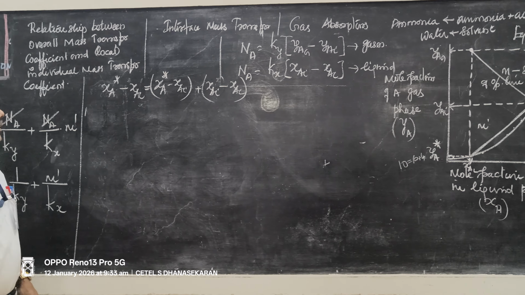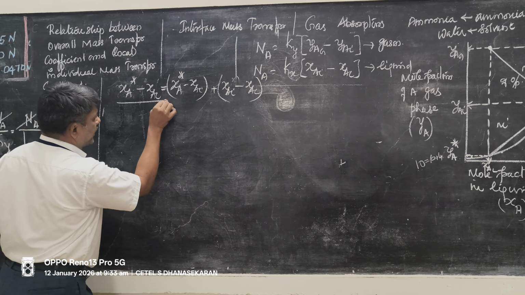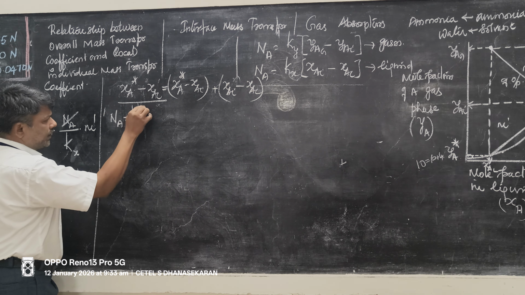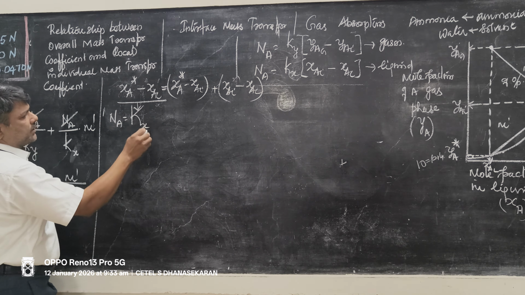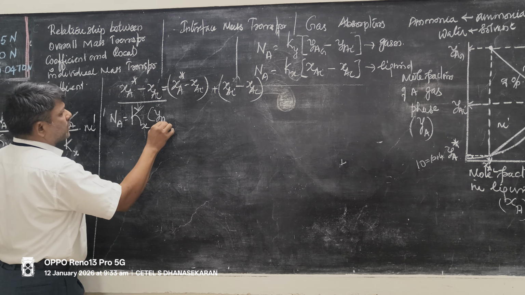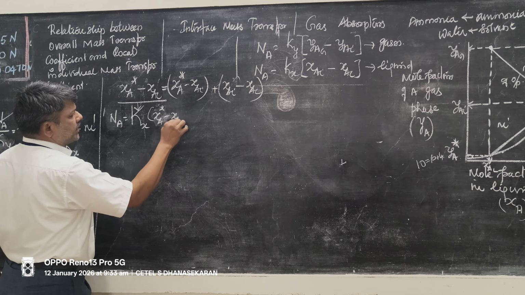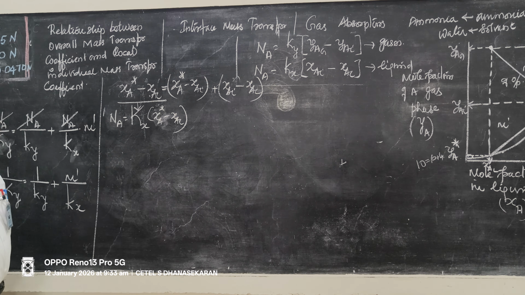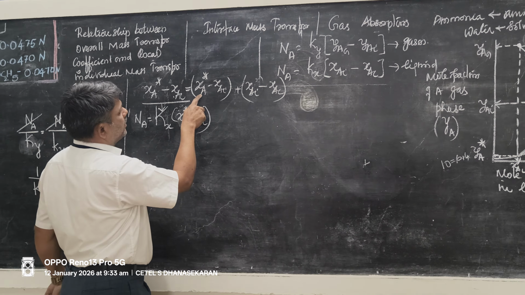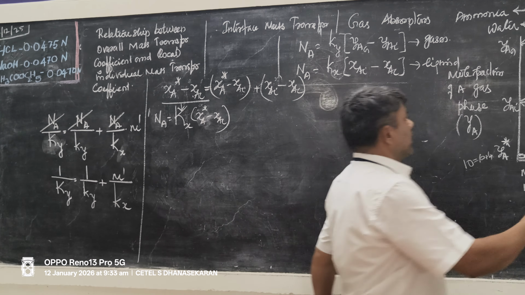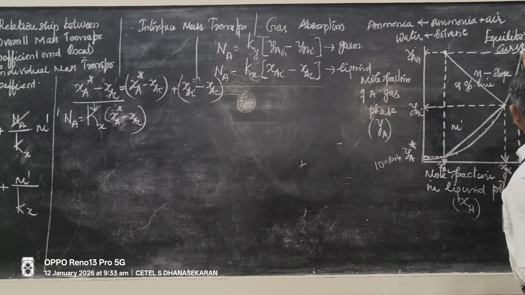Clear? Right. For xA star to xAL, I can write the flux NA is equal to capital K suffix x into xA star minus xAL. Clear for this segment? What is xA star minus xAI? Connect these 2 points. This is called the slope m double prime.